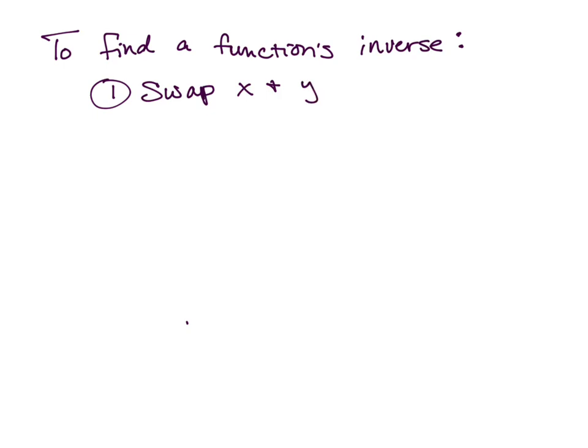Swap x and y means switch places with my x number and my y number. The second thing we want to do is solve for y. So we're going to flip x and y, and we want to solve for y. This is how we find a function's inverse.